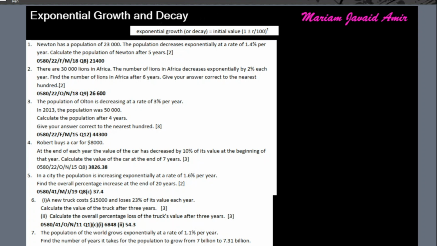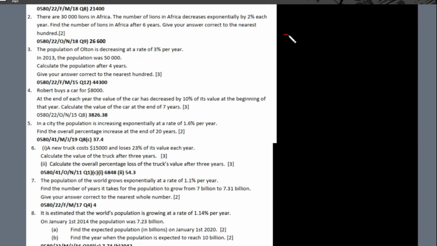Question 7. The population, let me copy this here. The population of the world grows exponentially at the rate of 1.1% per year. Find the number of years it takes for the population to grow from 7 billion to 7.3 billion.